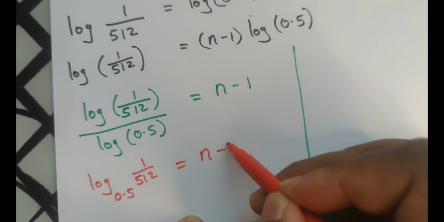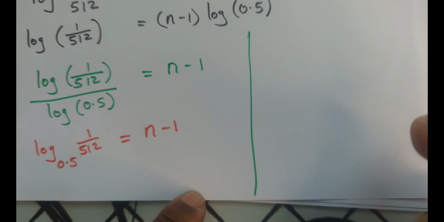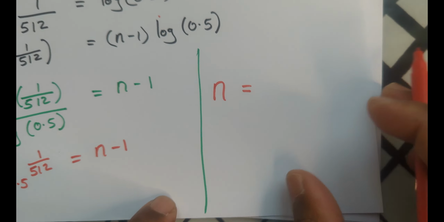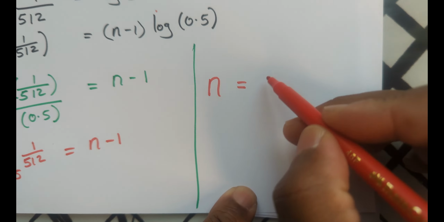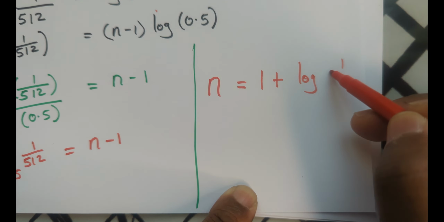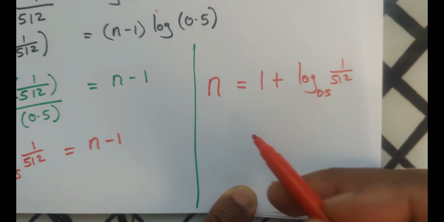Solving for n, let's transfer the negative 1 to the other side. So n would be 1 plus the logarithm of 1 over 512 with a base of 0.5.